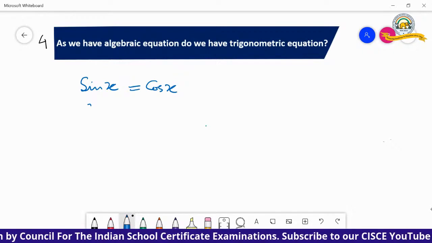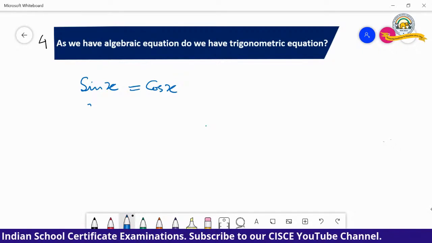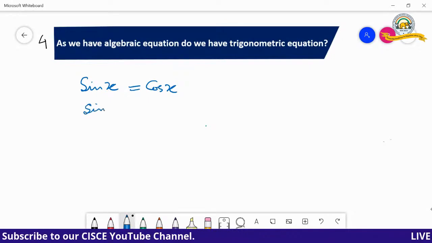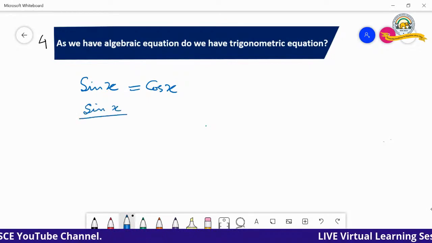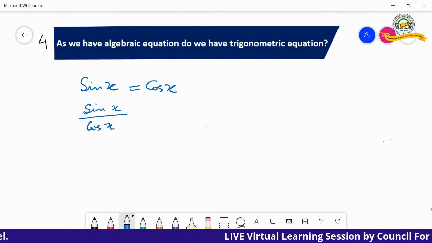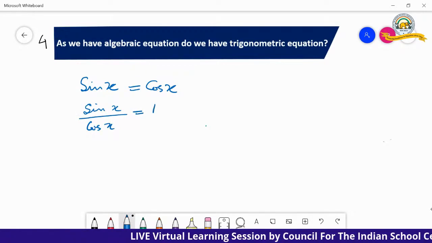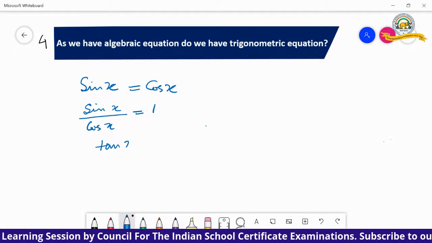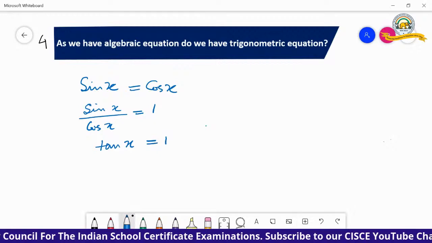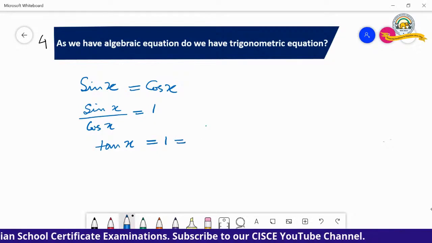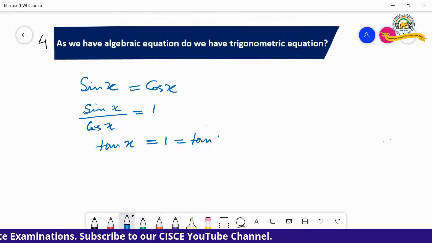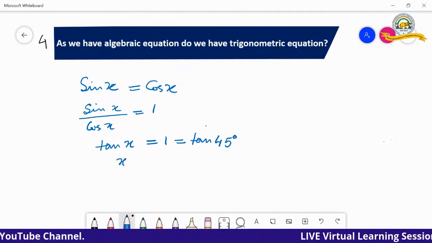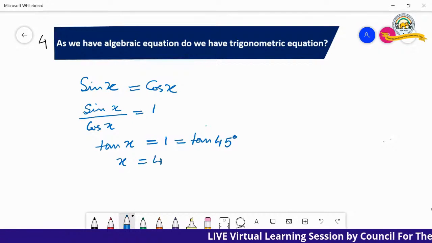You cannot put just any value and satisfy the equation. So I write sine x by cos x equals 1 because I've divided both sides by cos x. So I get tan x equals 1, and we know that 1 for tan is tan of 45 degrees. You have already done this. So my x must be equal to 45 degrees.